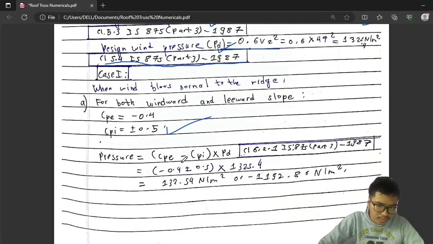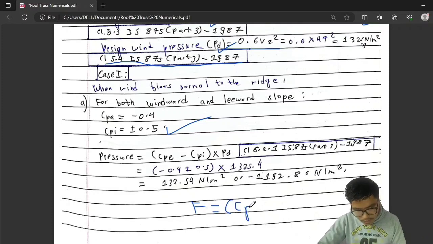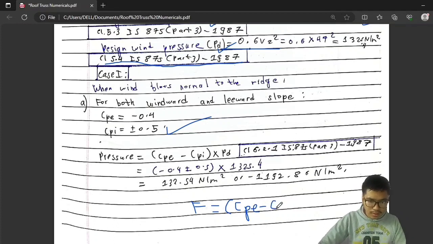The formula for pressure is given in clause 6.2.1 of this IS code. There the formula is F is (Cpe minus Cpi) into A into Pd.